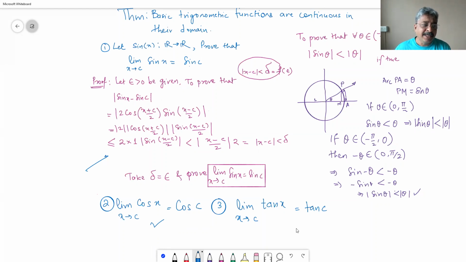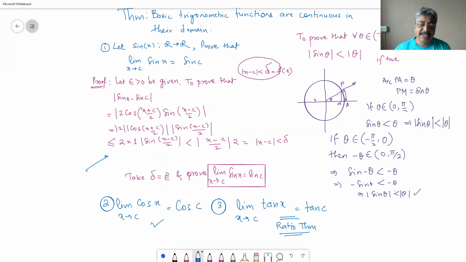And how will you do tan? It is a ratio theorem. You need not do the epsilon delta calculations again because we have the ratio theorem with us. Sin x upon cos x.